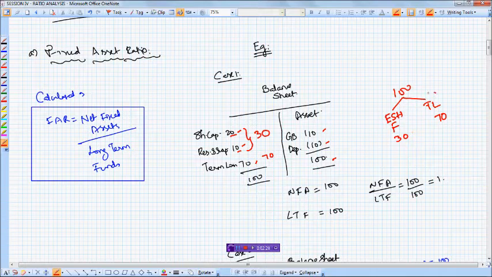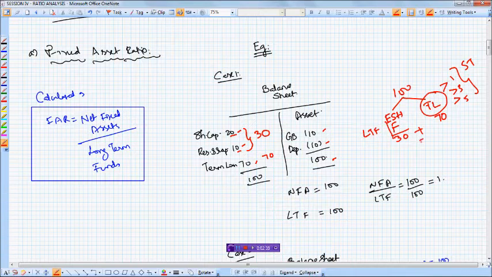Long-term funds. Term loan is something which is repayable after a period of say 1 year or 3 years or 5 years depending upon the sanction terms. And equity shareholder funds is the long-term fund. So both these funds are long-term in nature. So this 100 rupees of fixed asset is funded by long-term funds of 100 rupees.